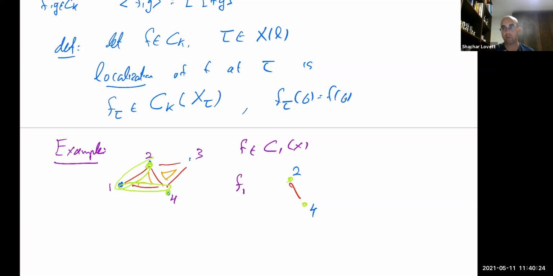We remove all the rest and we keep the values the same. Let's give these nodes names: let's call them A, B, C, D. This is going to be node B, and it's going to get the value 2. This is going to be node D, and it's going to get the value 4. We don't have the node 1, A, here because we removed it in the link, and we don't have the node C here because it's not in the neighborhood of 1. Okay, so this is the notion of a localization.